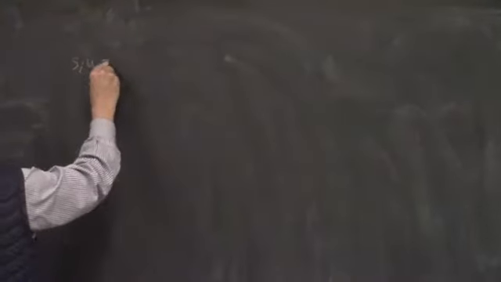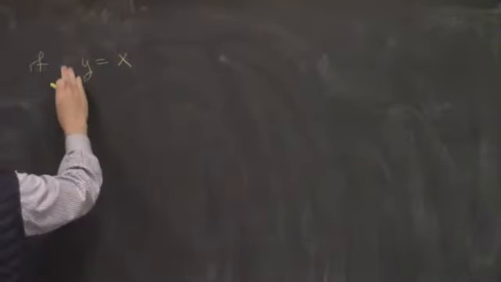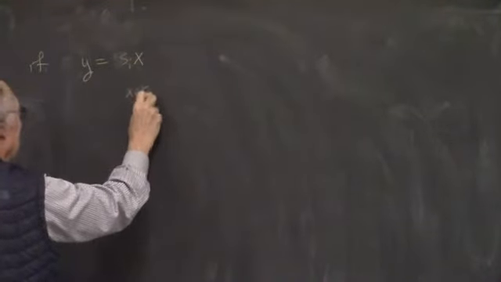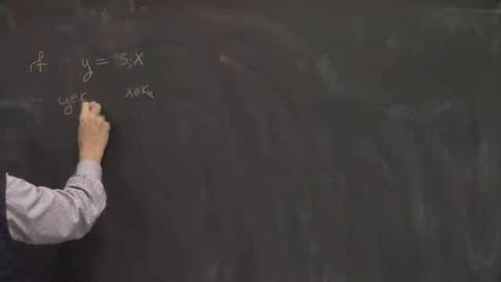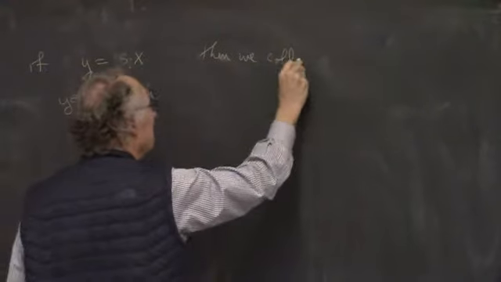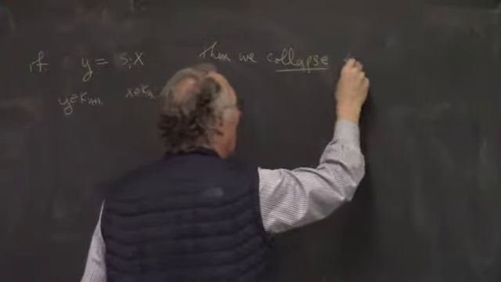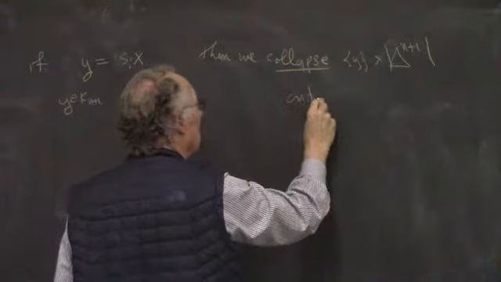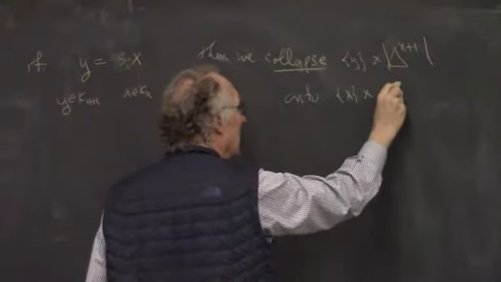Now if y is S_I of x, so x is still in K_n, but now y is in K_{n+1}, then we collapse y cross delta n plus 1 onto x cross delta n.